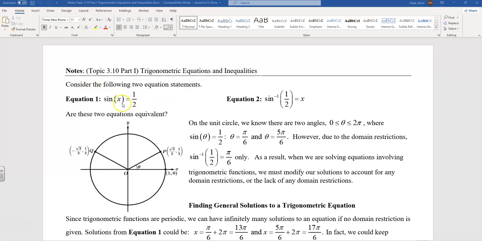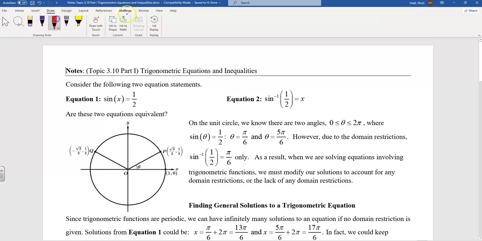Okay, so if we look at these two statements here, we've got sine of x equals 1/2 and sine inverse of 1/2 equals x. On the surface, they look kind of the same, but they're not quite the same because sine inverse has a restricted domain.